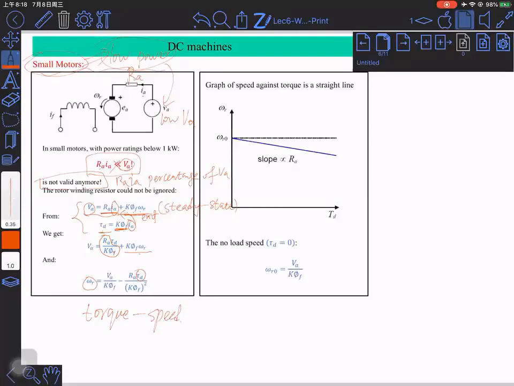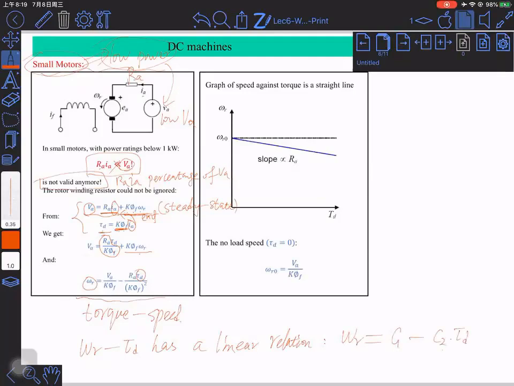Now, if we look at this expression, you will simply realize that omega R and torque have a linear relationship. This linear relation is because we have an expression like this: omega R equals a constant C1 minus a constant C2 times the torque.